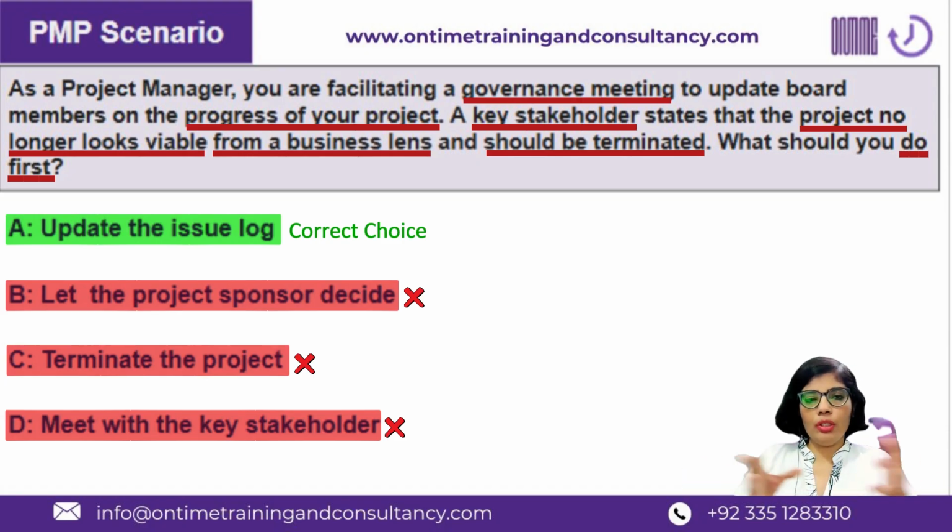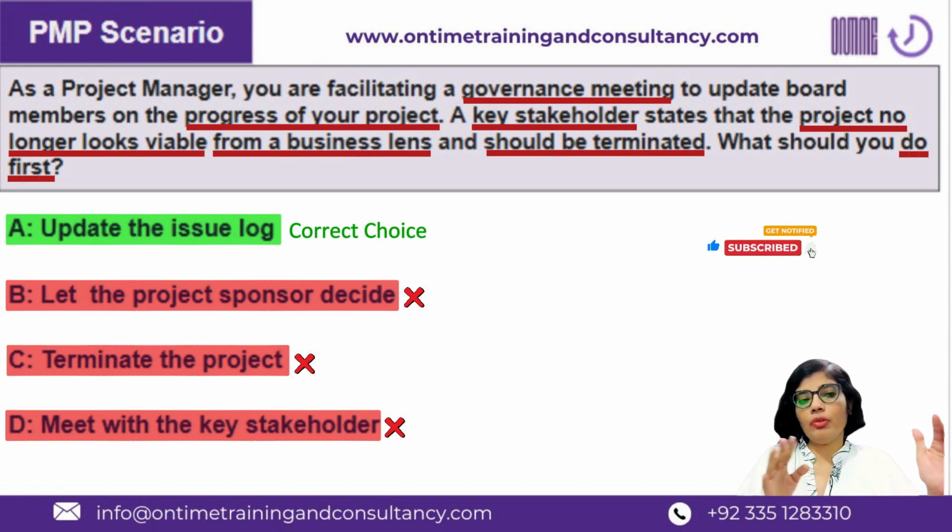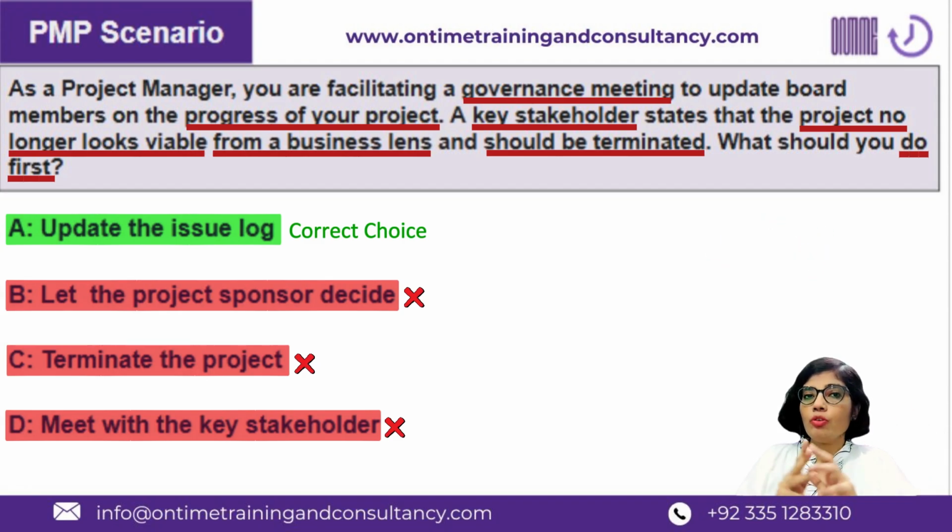Otherwise, the project manager is going to dissolve that claim and inform the steering members and other stakeholders that this issue is no longer valid. So this is the process. And the very first step in this process, step number one, is to update the issue log so that everyone in the project is aware of the situation. You cannot hold this to yourself as a project manager without a good reason for it. I hope you like this explanation.